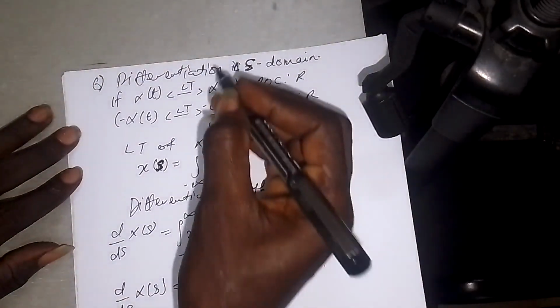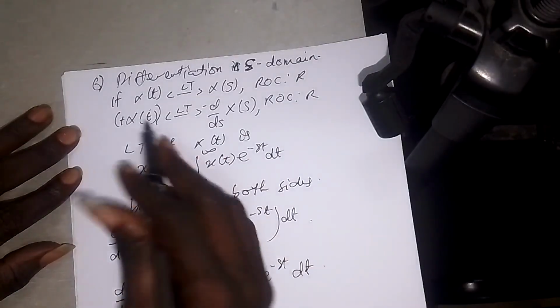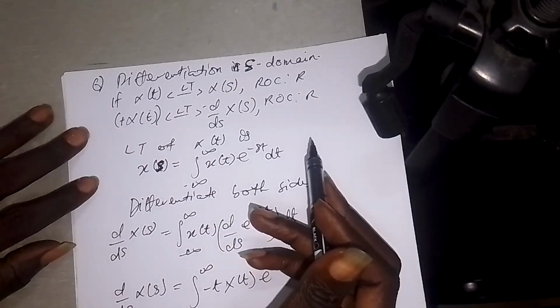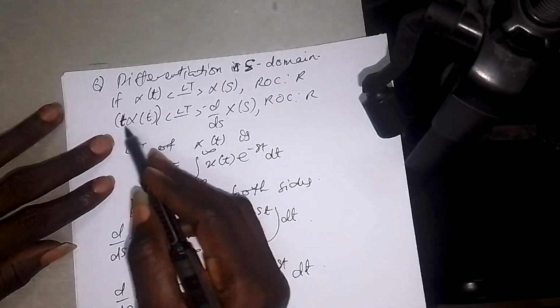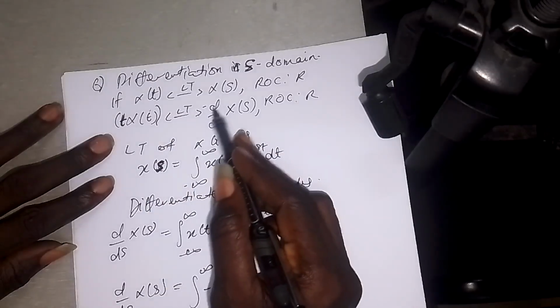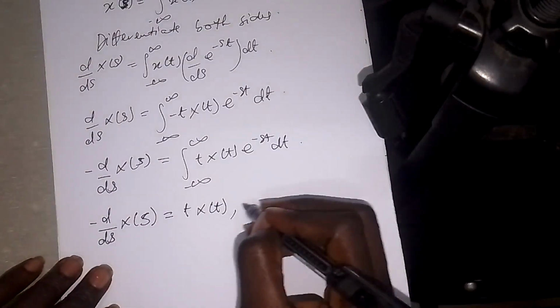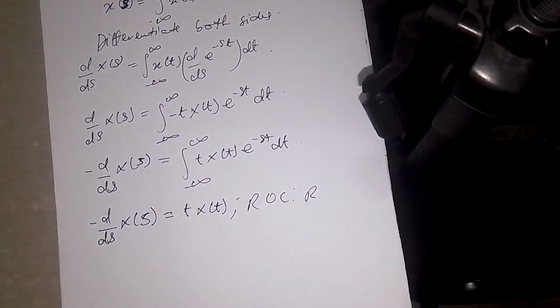Sorry, at the beginning this place is positive, not negative. It's supposed to be t into x of t, which gives a transform of negative d ds x of s. So that's the same thing I have gotten here, and the ROC doesn't change. The ROC is R. Basically that's how you can do this proof.